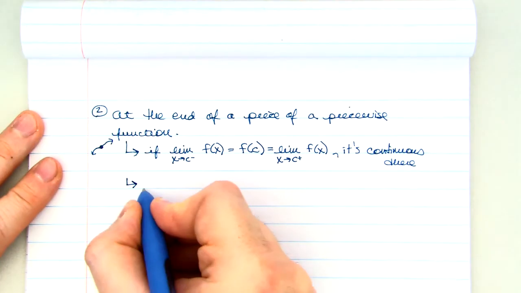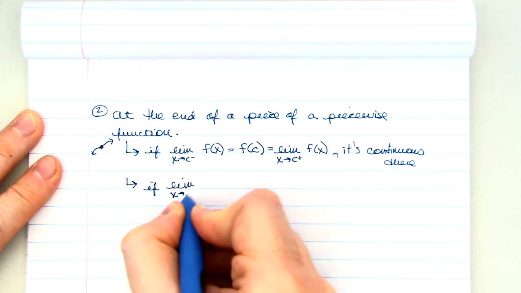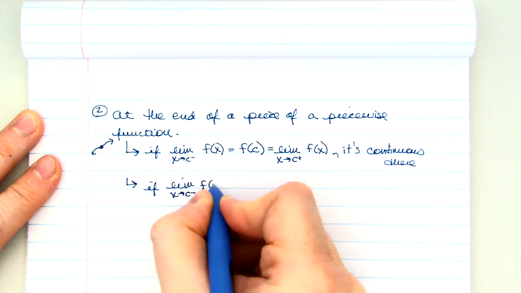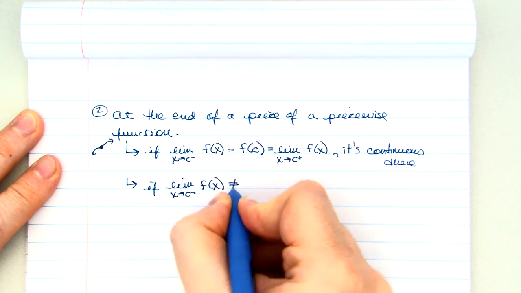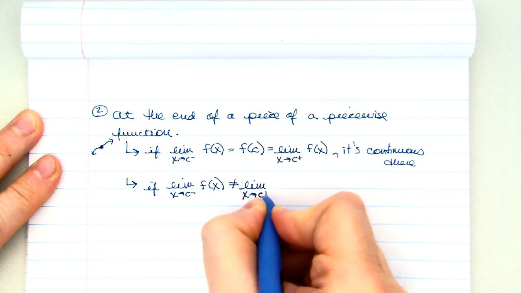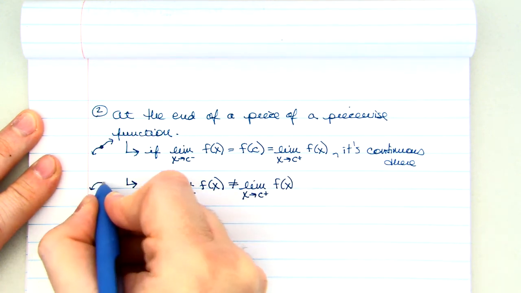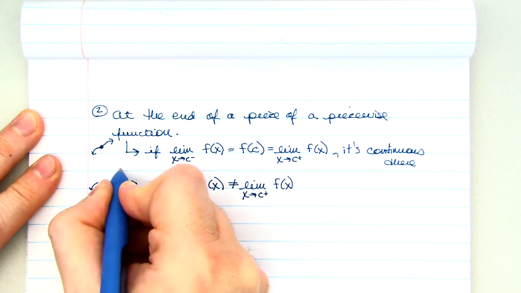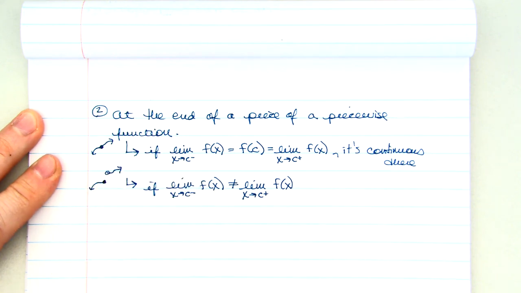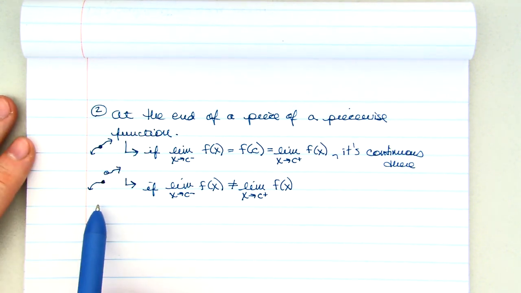We could have something like this. If the limit as x approaches c from the left of f of x exists, but doesn't equal the limit as x approaches c from the right of f of x, I'm approaching something else. Am I actually discontinuous there?